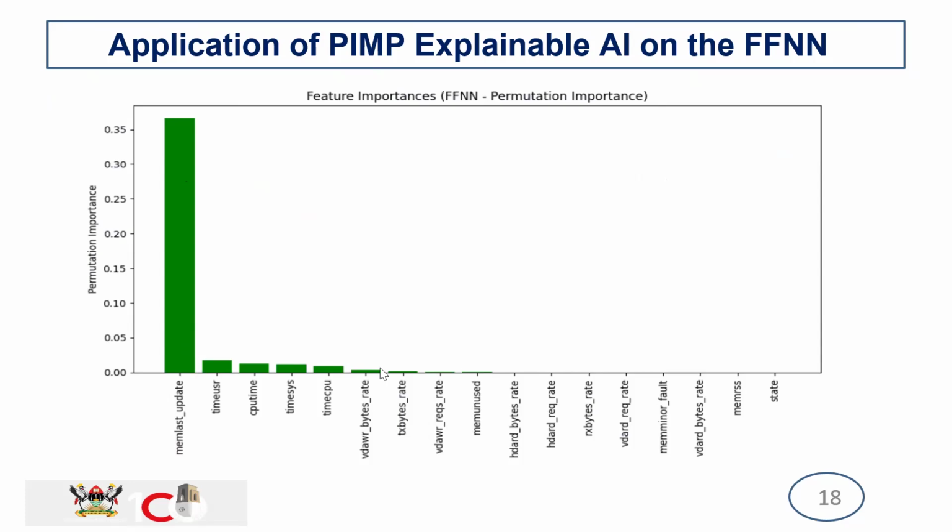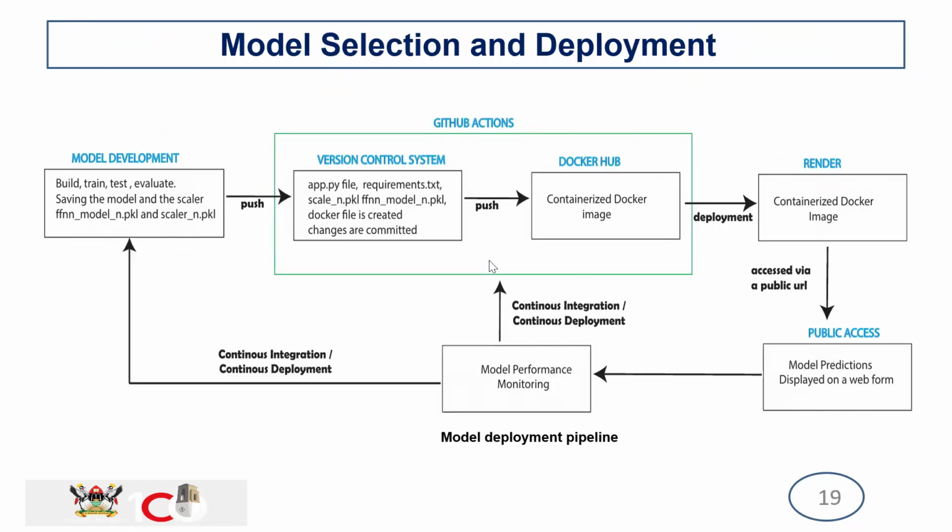Then after shuffling the dataset, it compares the baseline performance with the performance on the shuffled dataset. And we see that once we shuffle the dataset here, the performance goes down, demonstrating how much the features help the model make its predictions.